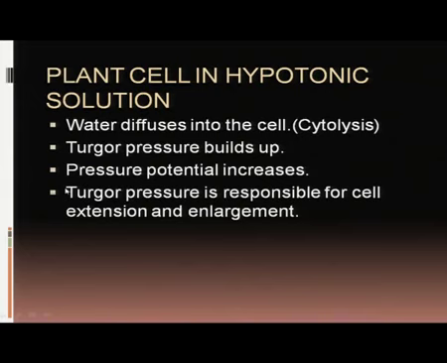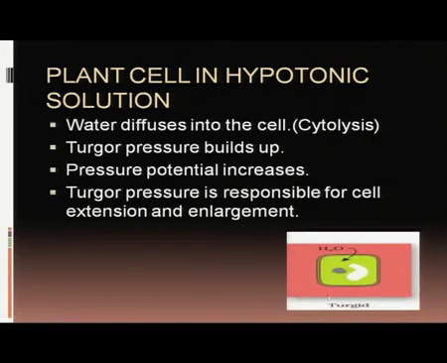Turgor pressure is very important for the plants because it is responsible for cell extension and enlargement. So, this is the diagram of a turgid cell. A cell was put in a hypotonic solution, water moved in and the cell became turgid.